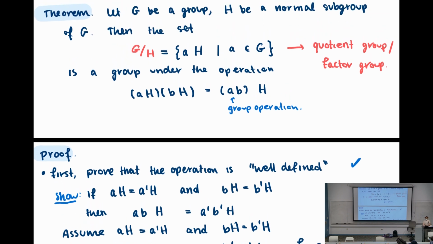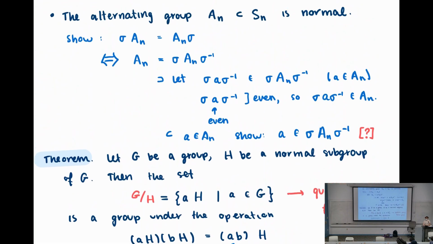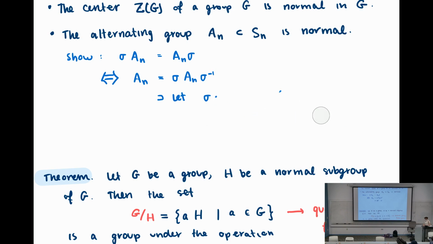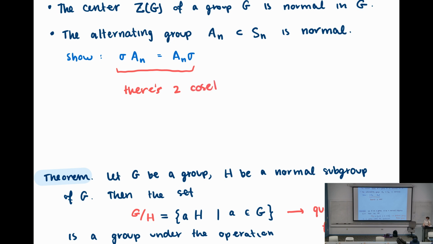Okay, I have an improved proof of why AN is normal, so I'll just explain that quickly. Well, there's two cosets. We have AN, which is the evens, and then any transposition, let's say tau, times AN, which is the odds.